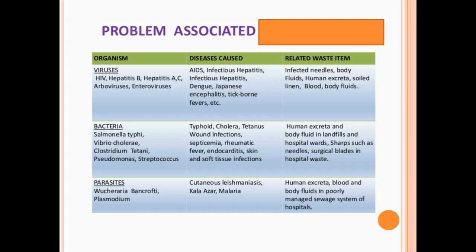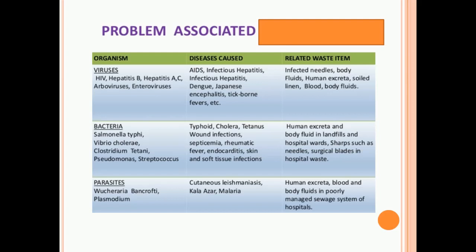Coming to bacteria, even bacteria can be present in this biomedical waste. Examples are Salmonella typhi, Vibrio cholerae, Clostridium, Pseudomonas and Streptococcus. These can also be present and can again lead to a lot of diseases. The related items which can lead to these diseases are human excreta, body fluids, sharp needles, surgical blades and hospital waste.